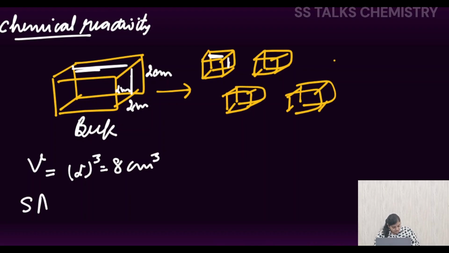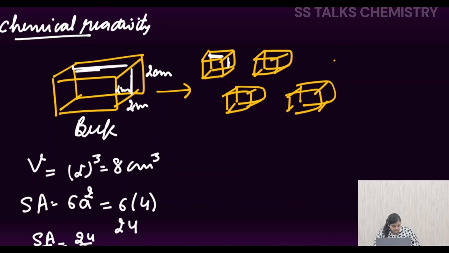If I find the surface area, that is equal to 6a square, so 6 into a square, that is 4, so this is going to be 24. If I find the ratio of surface area to volume, I get 24 by 8, which is 3.